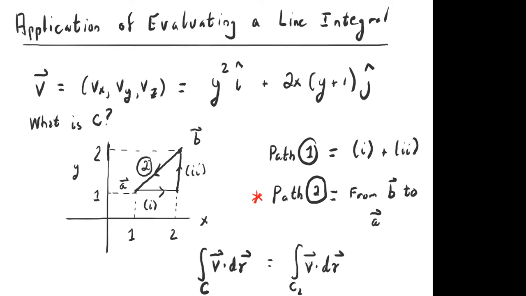Okay, so how do we do this? We need to evaluate v dot dr over a path. And again, I don't mind rewriting this figure because it's going to tell me what to do.